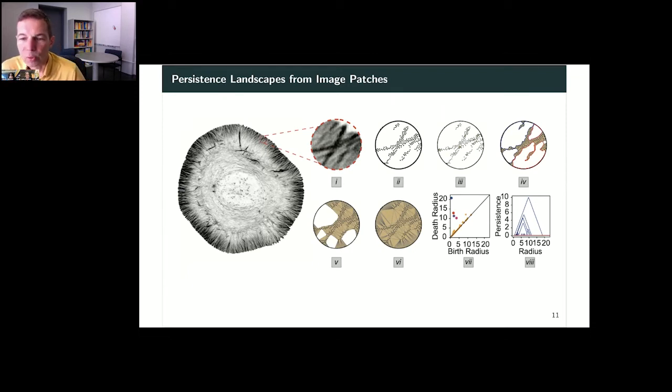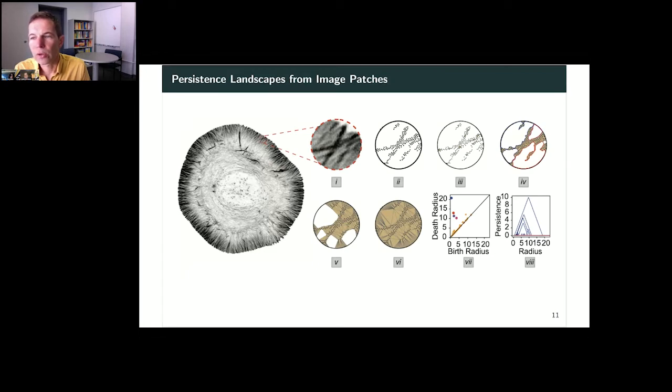And now we compute persistent homology. We get the persistence diagram that we see here at step 7. And I've highlighted the 4 most persistent dots in the persistence diagram. And as part of the algorithm, we can look at representative cycles for these persistent homology classes. And in step 4, these are indicated and colored in the same color as the corresponding dots.